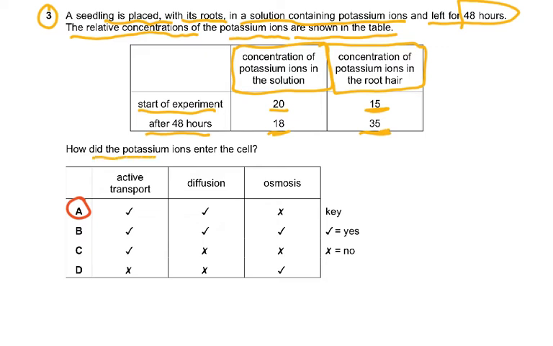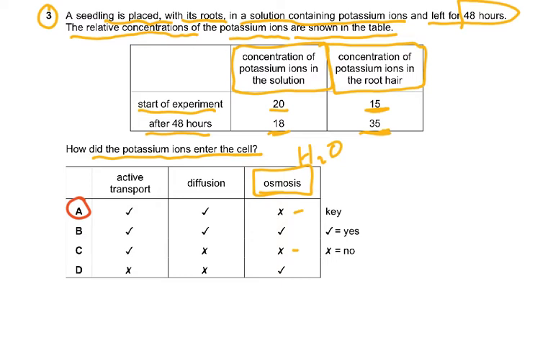So how did the potassium ions enter the cell? Initially it might have been by diffusion, but it can never ever be osmosis. Potassium ions cannot enter by osmosis because only water enters by osmosis. So osmosis was wrong here and here. So A or C would have been correct. Why is A correct?